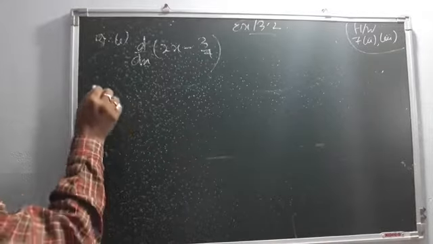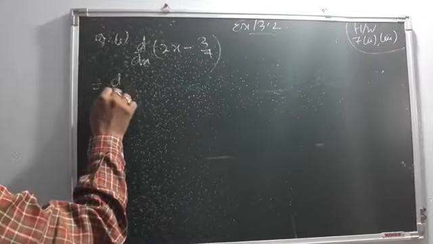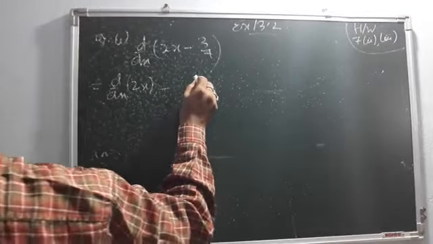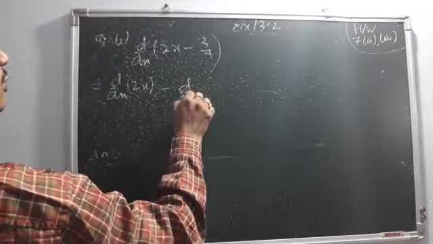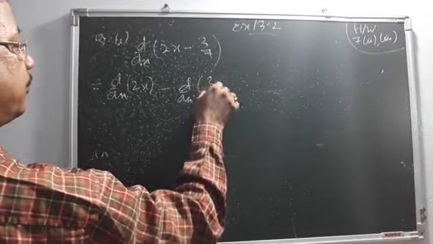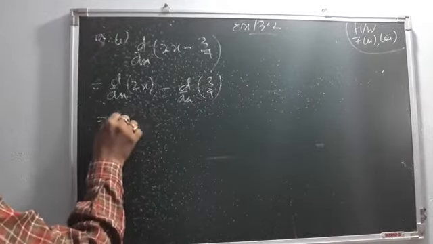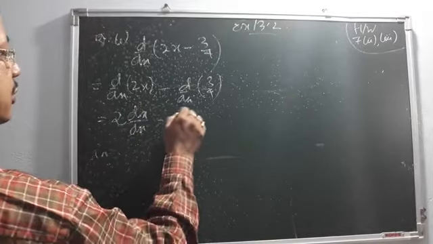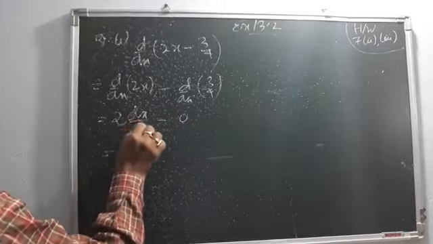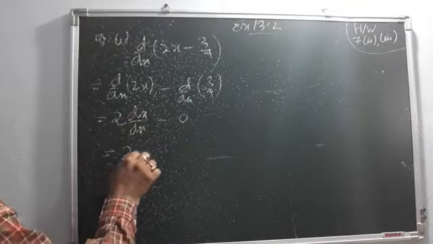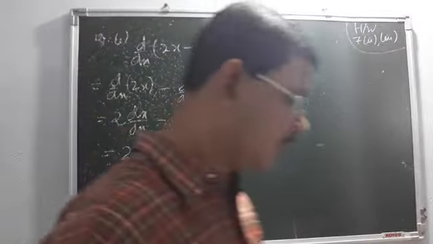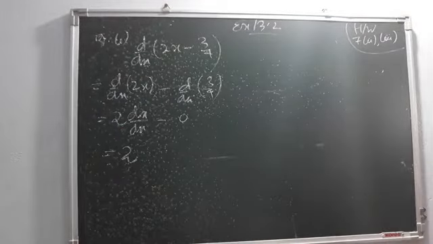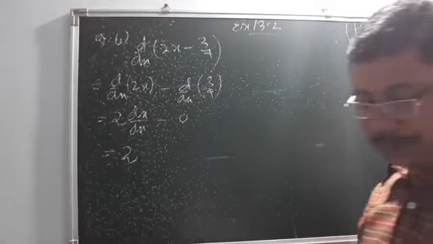So if we want to differentiate that one, it will be d/dx of twice x, you differentiate first, and then you have to differentiate d/dx of 3 by 4. Here as usual 2 will come outside, 3 by 4 is a constant so it will be 0, dx by dx is 1, so 2 only.